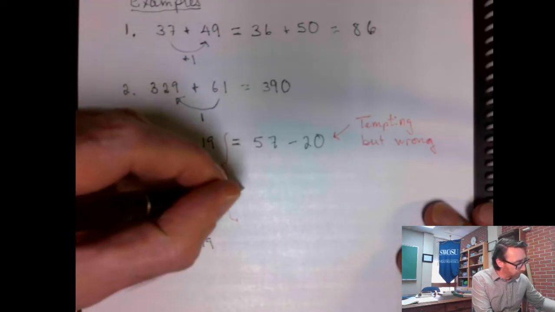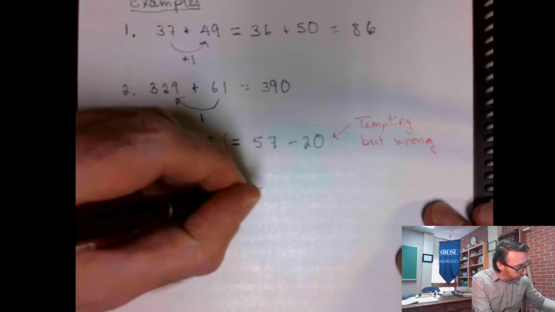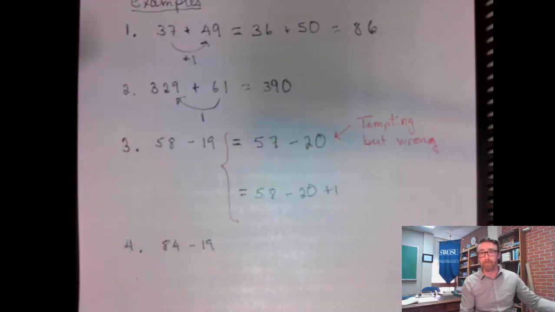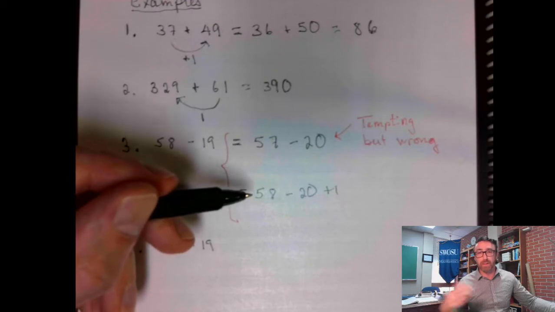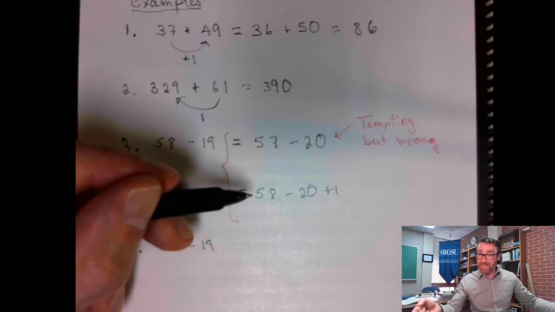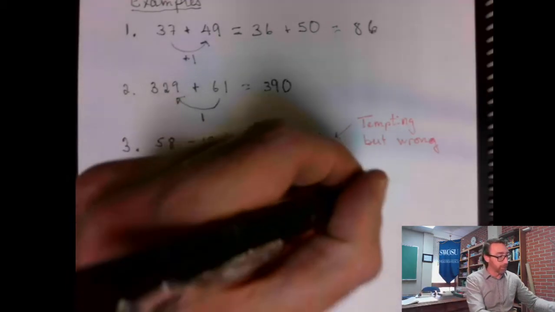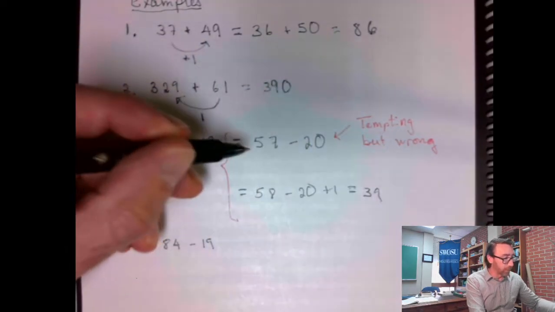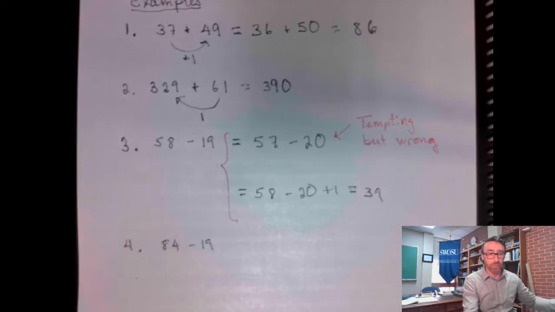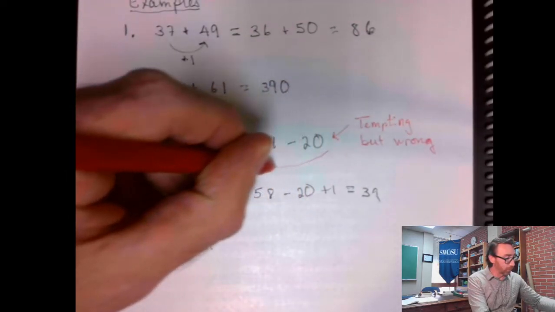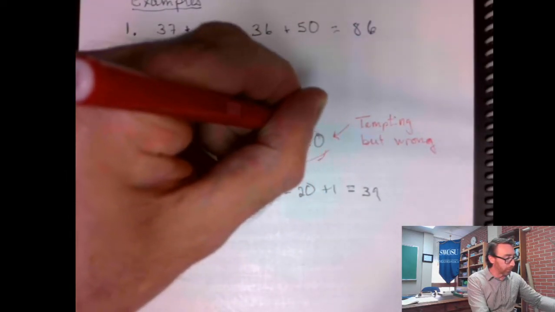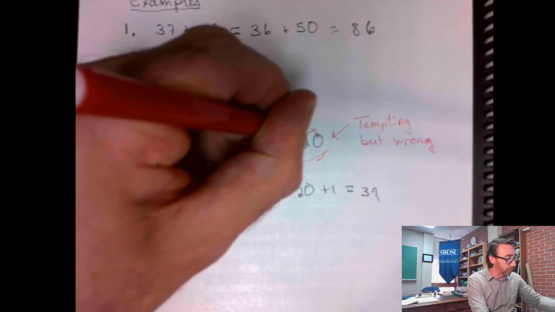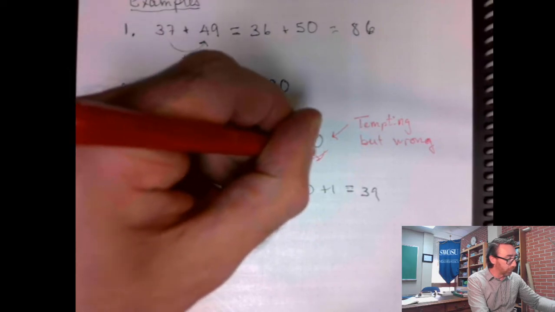So I start with the 58, take away 20, and then throw 1 back. 58 take away 20, you're at 38, throw 1 back, and you have 39. You can see the other way would get us to 37, so that is not the right answer, and it's not the way to do the problem.